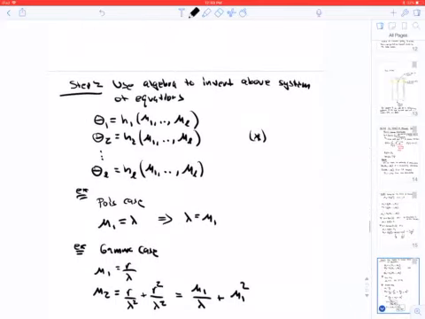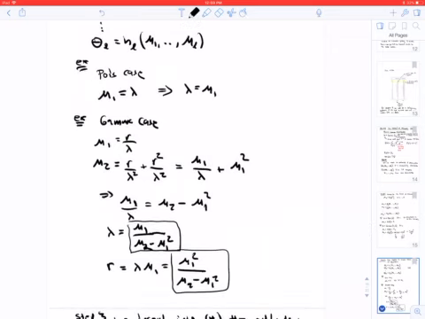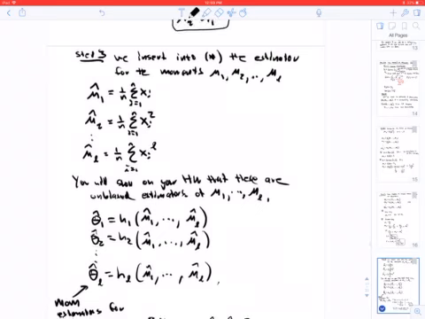Step 2 is you use algebra to invert your system of equations so that instead of writing moments in terms of parameters, you're writing parameters in terms of moments. I give you the examples for Poisson and gamma.